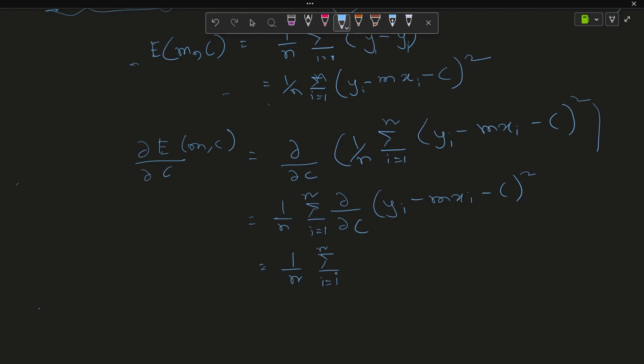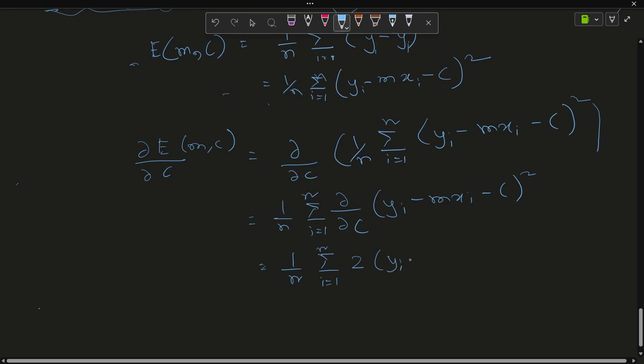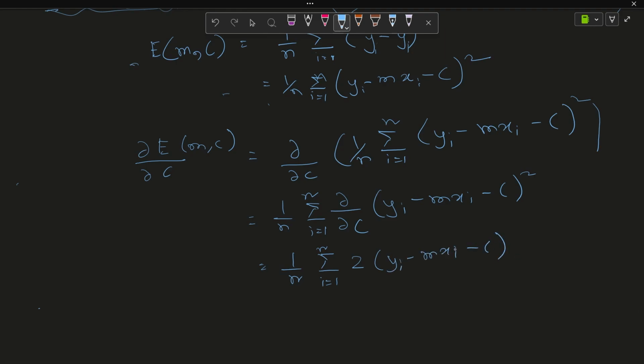So let's proceed then. What will be the inside thing? It will be like this, and then the other variable will be treated as a constant here. Here we are finding c, so the other variable is m.